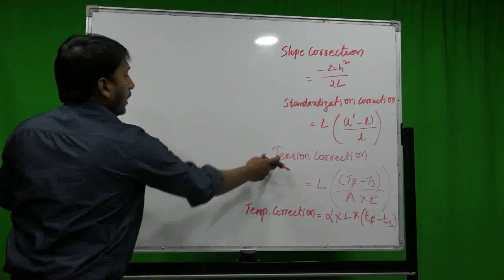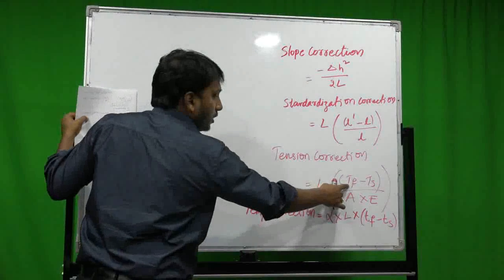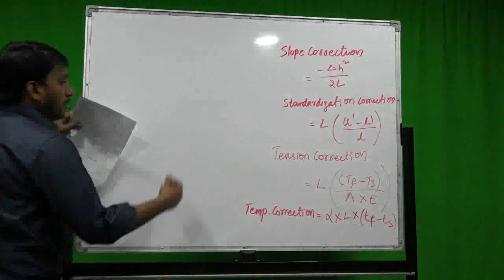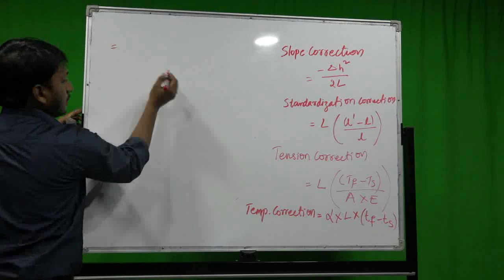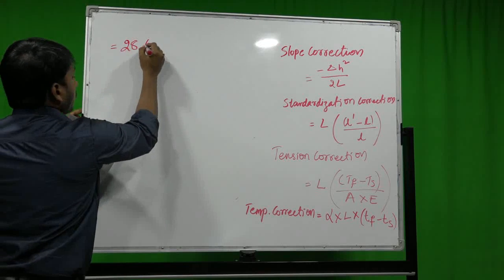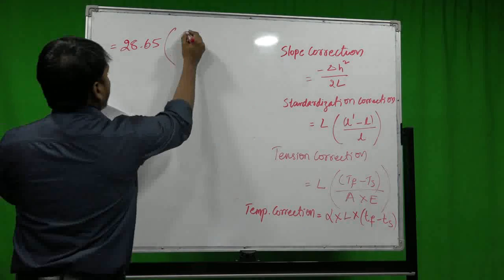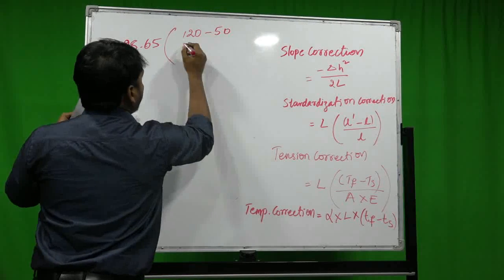Now when you are calculating the tension correction, you have a formula using the tension in field and the tension when standardized. Here again the length is 28.65. The tension in field according to the problem is 120 and the tension when standardized is 50.